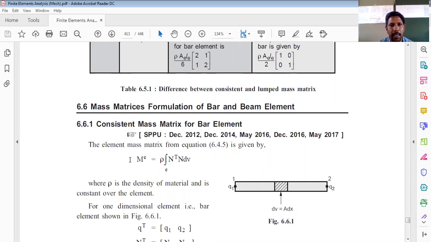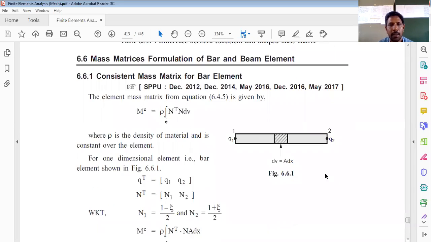So we know the expression for the mass matrix of an element is given by rho times the integration over the element of N transpose N dV. Now consider a bar, node 1 and node 2. In that I have considered a volume body dV, that can be written as A dx.